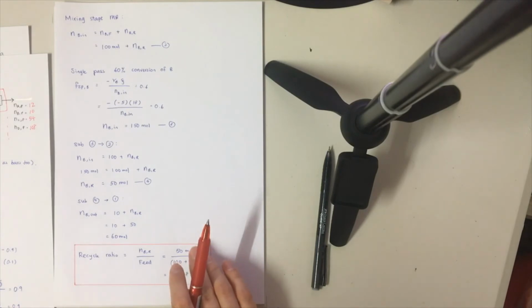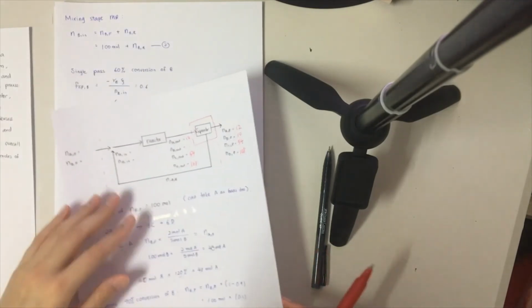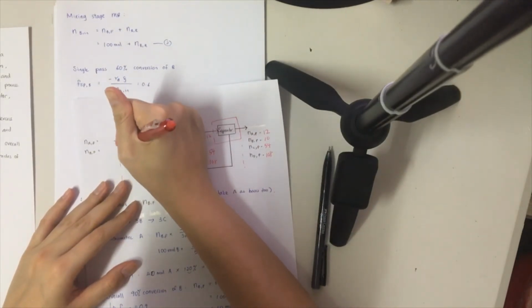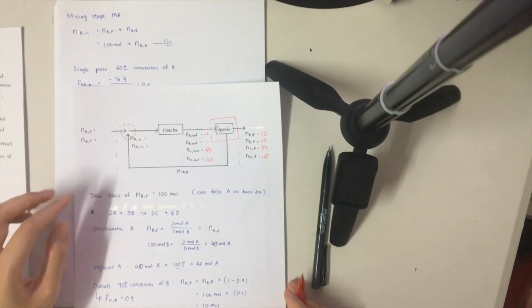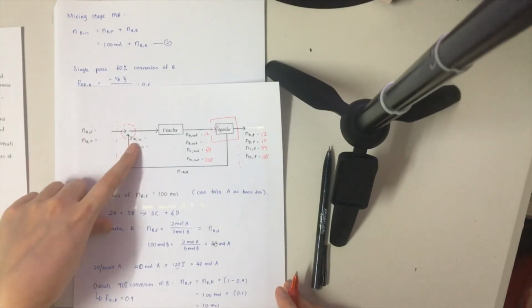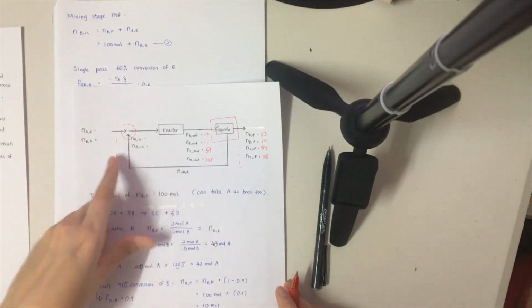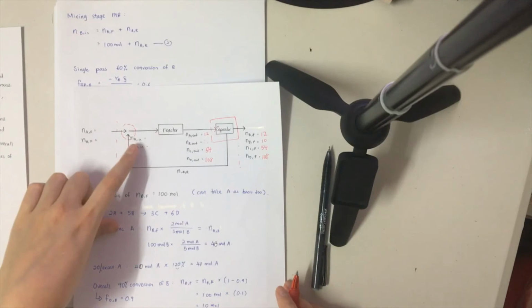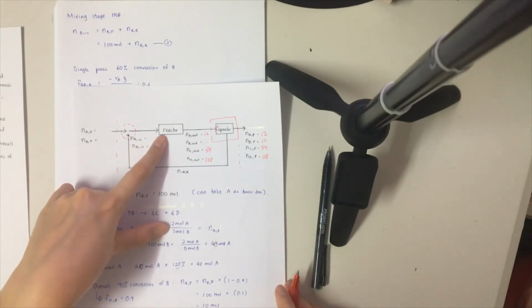Next, we will do the material balance in the mixing stage. So this is the mixing stage, the one in circle. So whatever A goes in is equal to whatever A goes into the reactor. The A in the fresh feed should equal the amount of A that goes into the reactor.